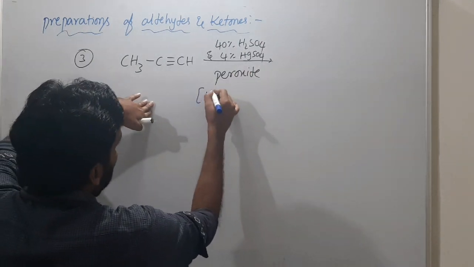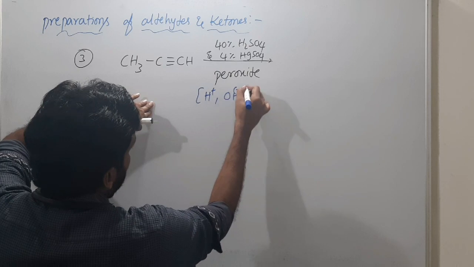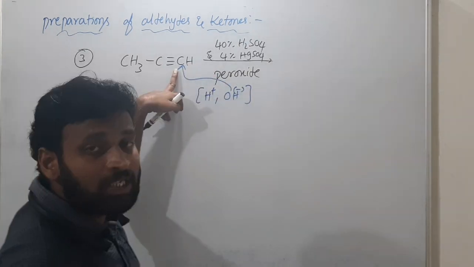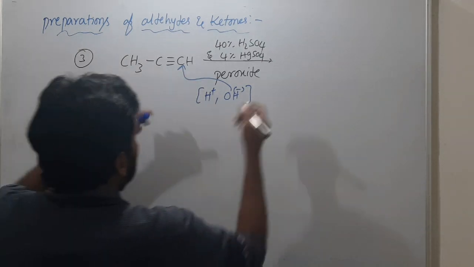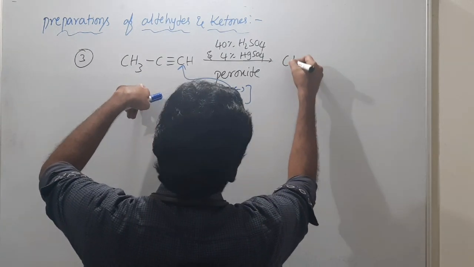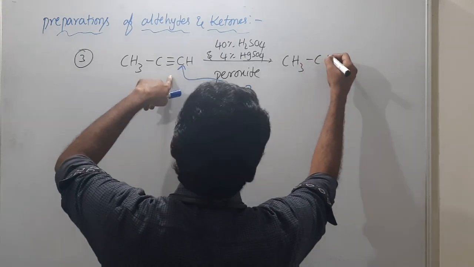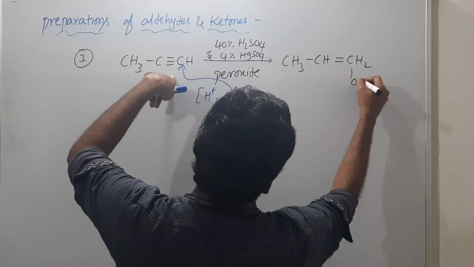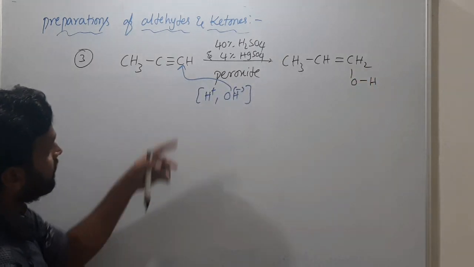In addition of water, H plus and OH minus, this OH minus will add on the unsaturated carbon which has more number of hydrogens. Certainly you have CH3 and CH double bond CH2, and OH. What happened here, understood?